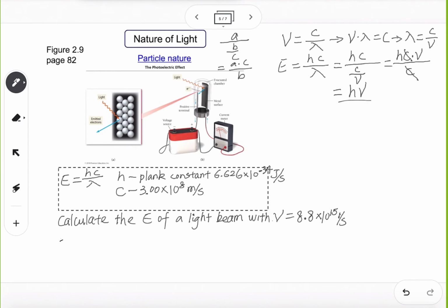So E equals h nu, h is the Planck constant, 6.626 times 10 to the negative 34 joule per second, times nu, that is 8.8 times 10 to the 15 1 over second.